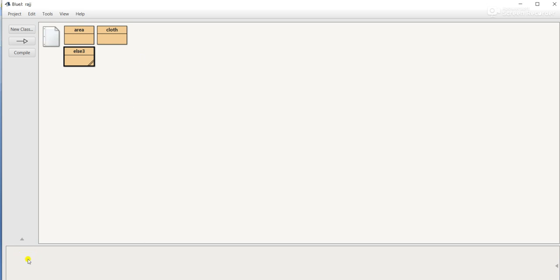Then on the object, when you right click, you are going to see the function name called void main. That is represented in non-static form. Non-static form means without using the keyword static, the function is defined. So any function which has been defined without the keyword static is called a non-static function.